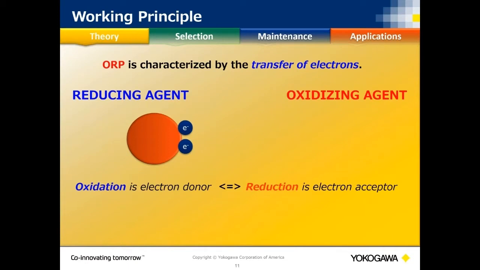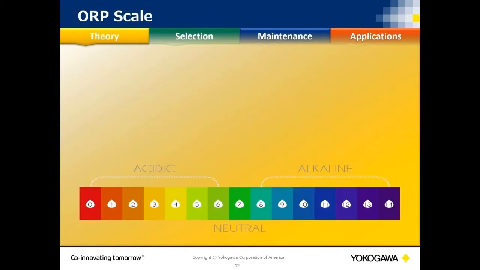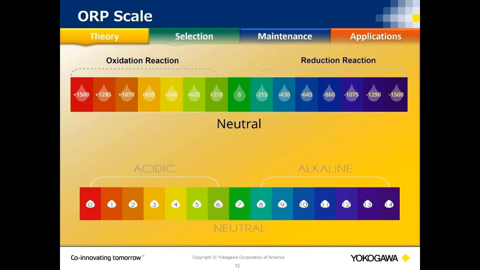We can think of the ORP the same way. Remember, ORP is characterized by the transfer of electrons from one atom to another. It's physically going on at the same time. Something is being oxidized, something is being reduced. Something takes those electrons. So we can look at ORP as a similar scale.